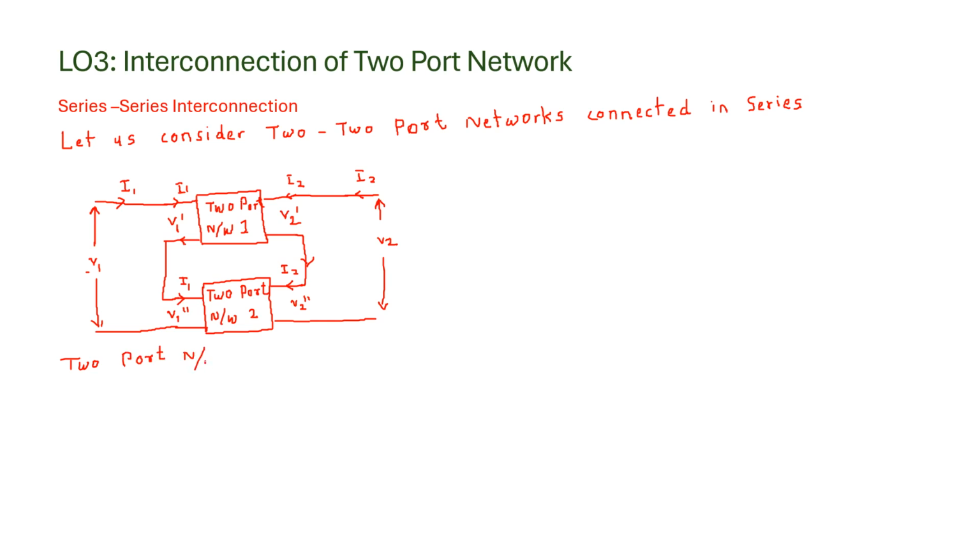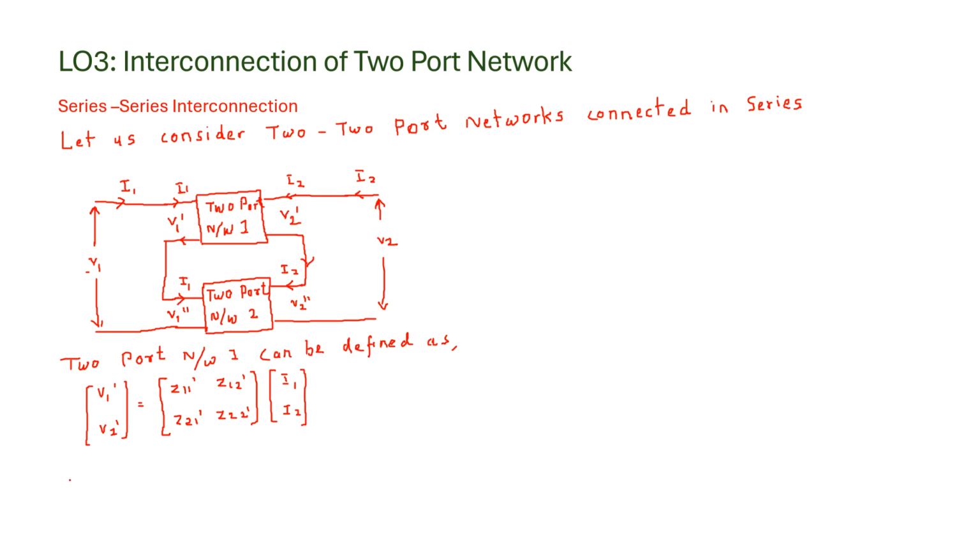Two-port network 1 can be defined as, or can be modeled as, V1 dash, V2 dash equal to Z11 dash, Z12 dash, Z21 dash, Z22 dash, and the currents, we know that these currents are I1 and I2.